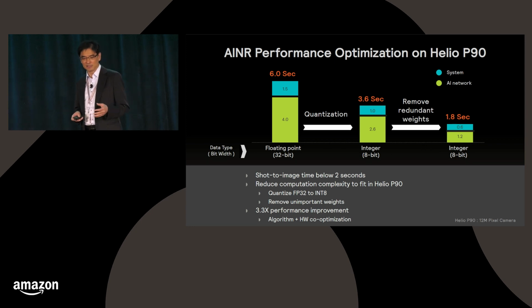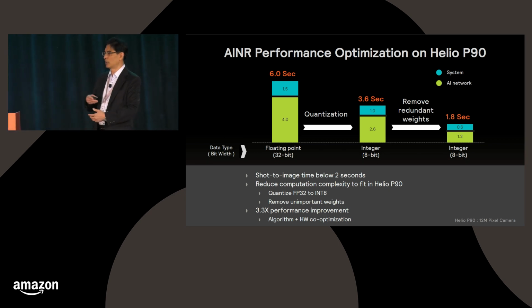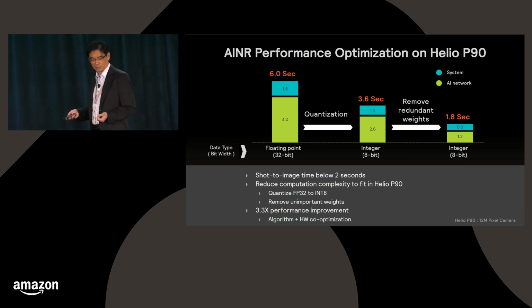As you can see, this is an example of how we optimize by understanding the application and doing algorithm and hardware co-optimization, applying techniques for network reduction. Then we can get an improvement of more than 3 times. That's about the AI noise reduction.